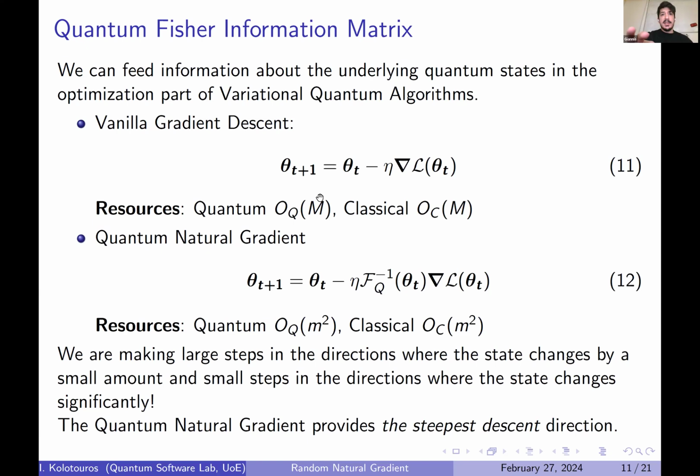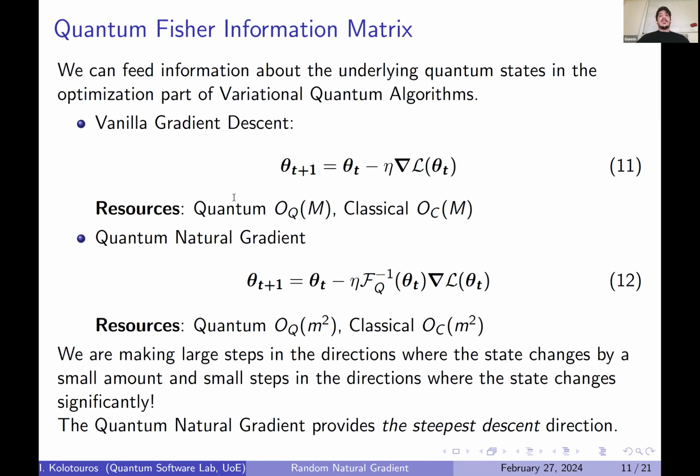Sorry, this is not a capital M, this is a small m. I'm going to fix it, don't worry. And the classical resources you need also scale linearly with the number of parameters, because you have to save the vectors in your classical memory.